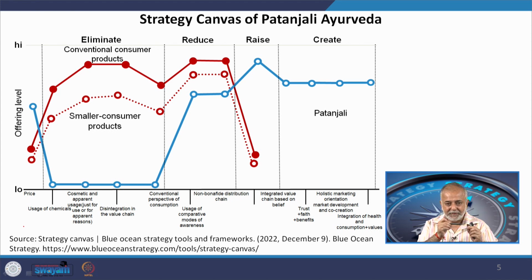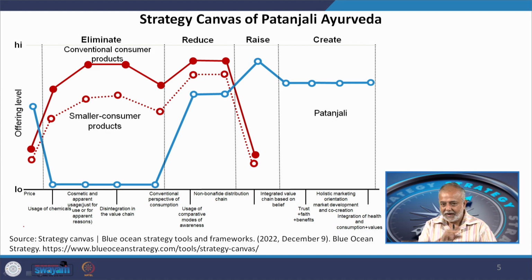So, they are charging a premium for that. So, you see, eliminate a few things, reduce a few things, raise a few things and create a few things. The diagnostic element is around what to be eliminated and what to be reduced, and then the action element is around what is to be raised and what is to be created.